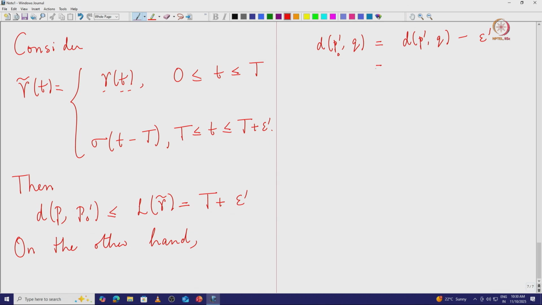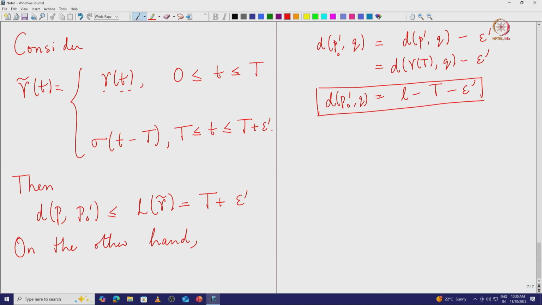But what is the distance from p prime to q? Well, p prime is just gamma of capital T. So, this distance is precisely L minus capital T.